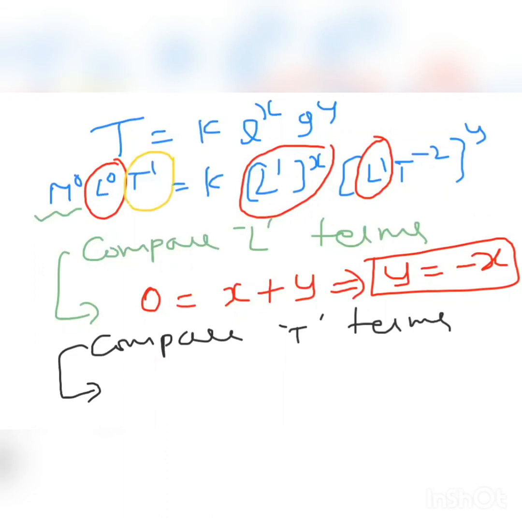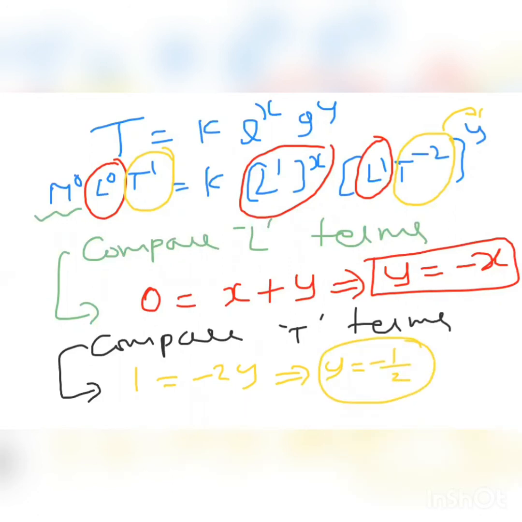T power 1 on the left, and here T power minus 2 into Y. So I can write 1 is equal to minus 2y. LHS is 1 and RHS is minus 2 into y. So from here y is minus 1 by 2.